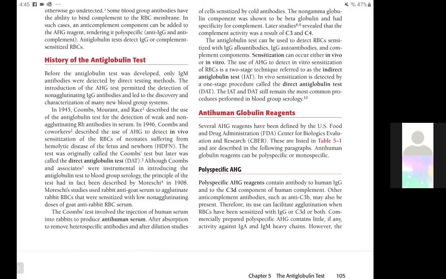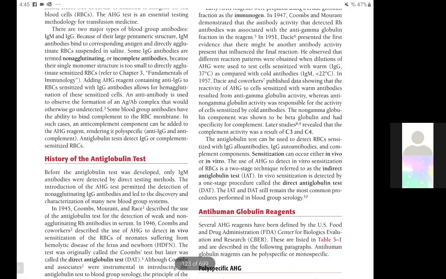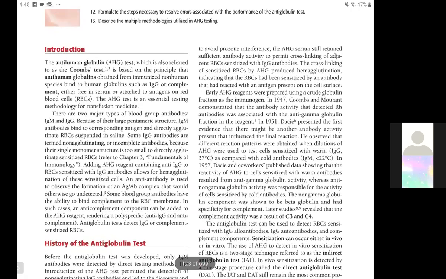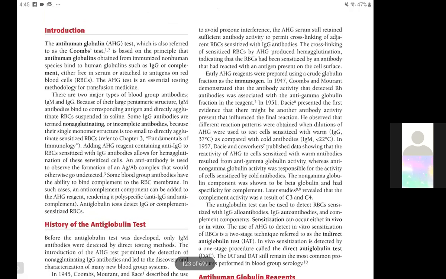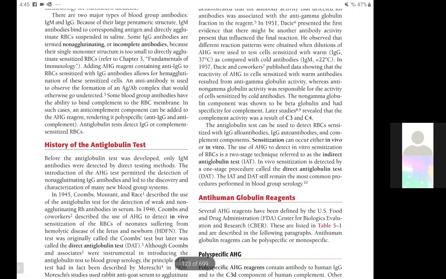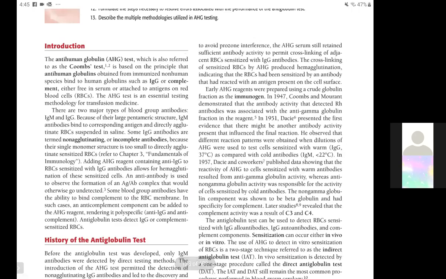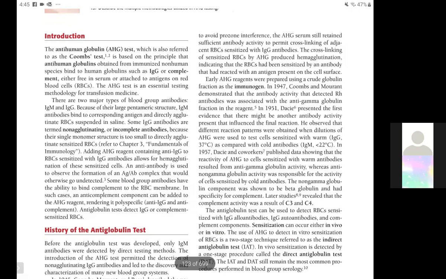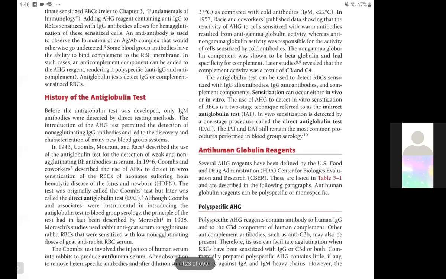After absorption to remove the heterospecific antibodies, those relevant only to the rabbit itself, those non-specific antibodies were absorbed out, and then after dilution studies, to avoid prozone interference, we get the AHG serum.